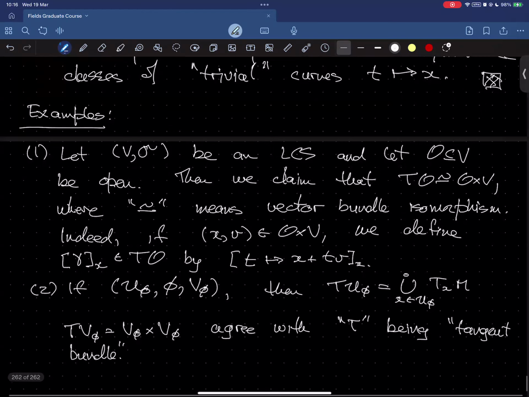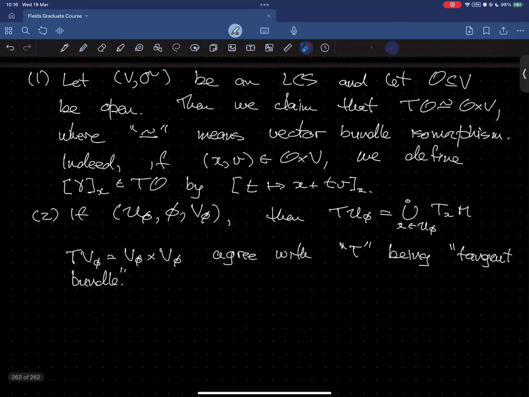So the sort of just symbolic meaning of these T's that I was using when I wrote down the definitions of these things literally means tangent bundle now in both of these cases, since we know the meaning of the words tangent bundle. So then you wonder what T phi means. Well, we'll get to that.